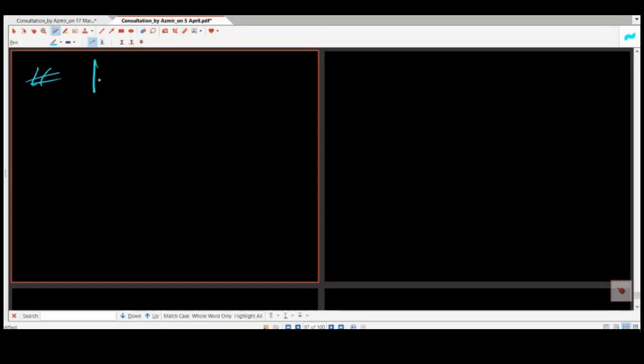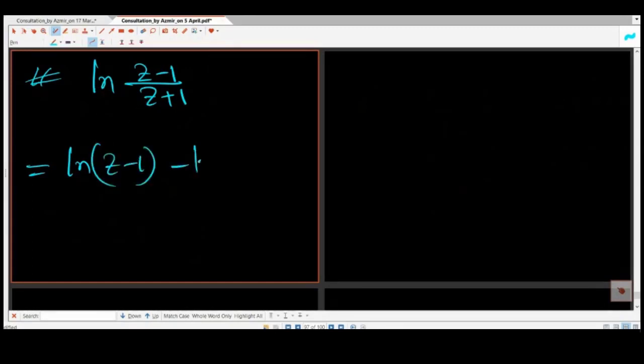Similarly, let's take another example: natural log of (z minus 1) over (z plus 1). We have to find the branch points. We know that log of a over b is log a minus log b. This is z minus a, so we solve it and get z equals 1.